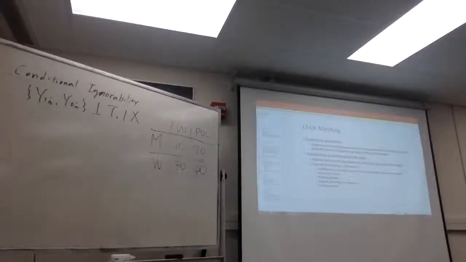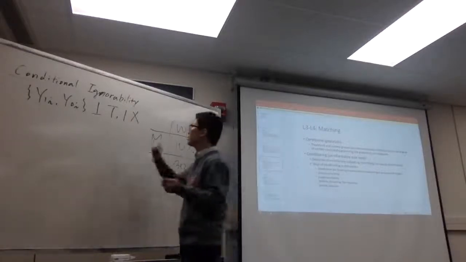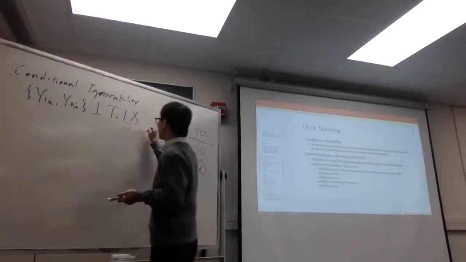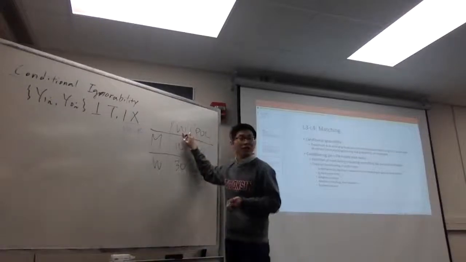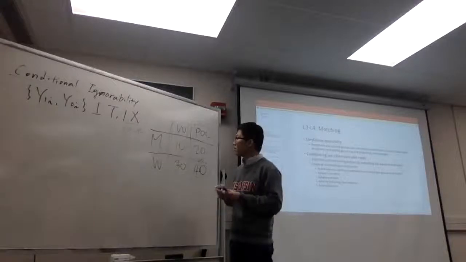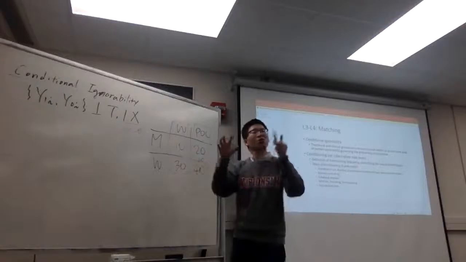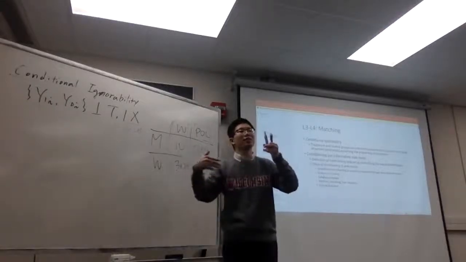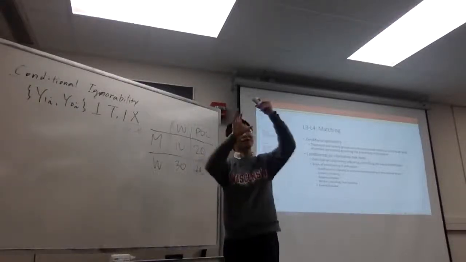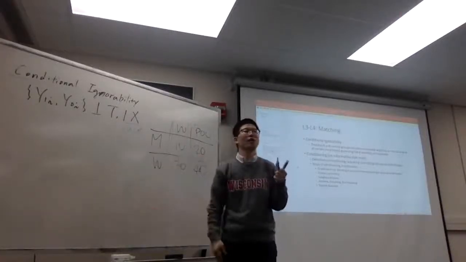I don't know why that is exact matching. Oh, it's exact matching based on race only. So this is the race. So exact matching is that everybody's white in this group, right? So it's matching based on race. You're matching all of the cases based on race only.